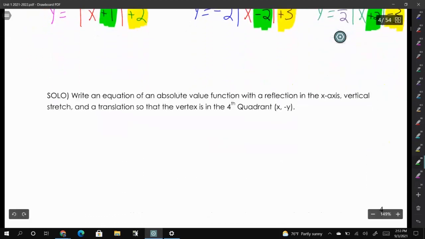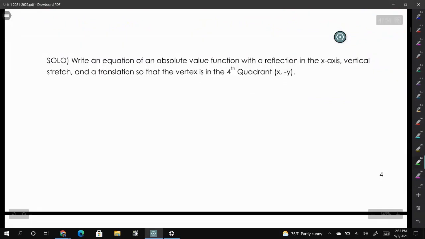Last question here. Write an equation of an absolute value function with the reflection in the x-axis. So this part right here means a is negative. A vertical stretch, so that means the absolute value of a is greater than 1.